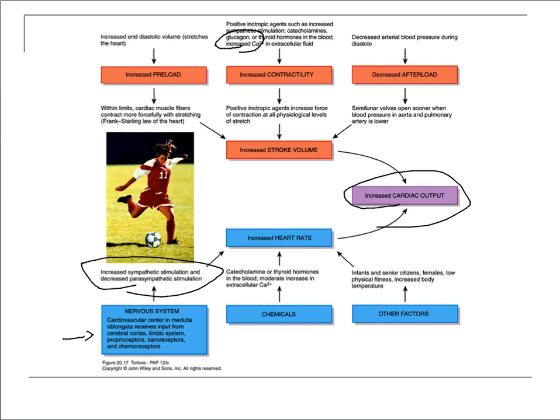Again, the trajectory of this chapter was, well, can you build a heart? Can you literally start with that, and now put in muscle, valves, fibrous skeleton, SA node, AV node, bundle of His, Purkinje fibers.